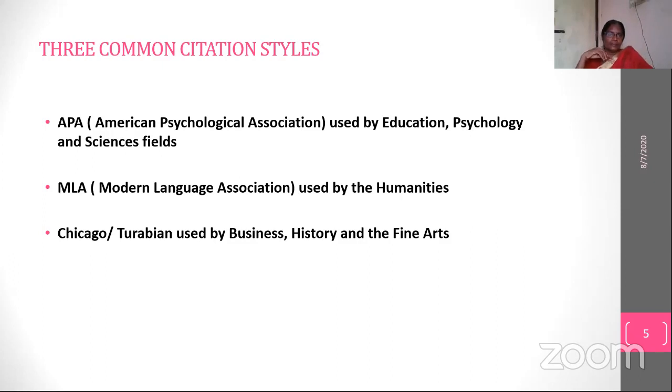There are three common citation styles in the case of humanities. That is APA, American Psychological Association.